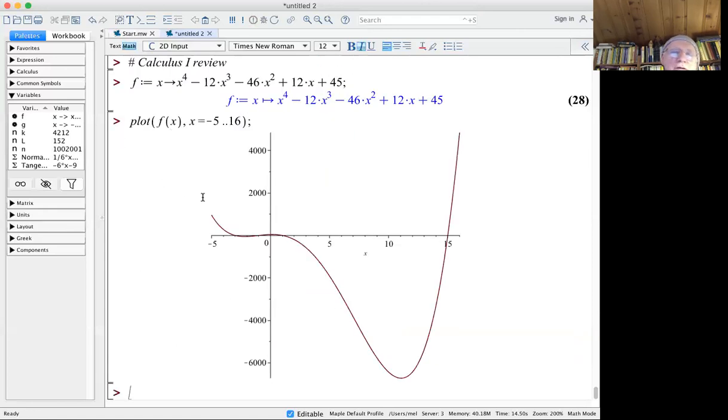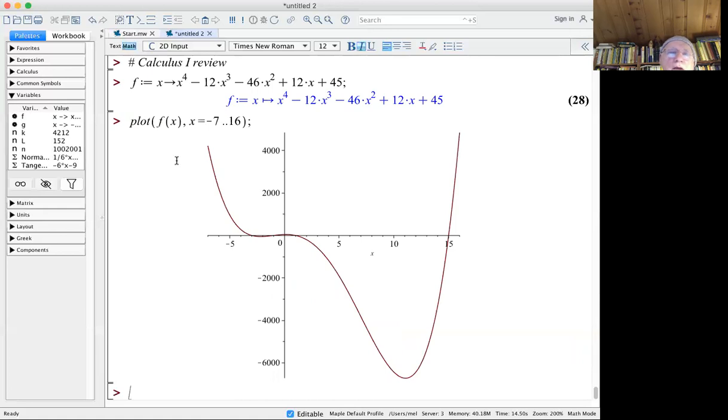So this curve comes down, up, down, up. It crosses the x-axis in 4 places. We know how to find where it crosses the x-axis. That's just solving the equation f of x equals 0.